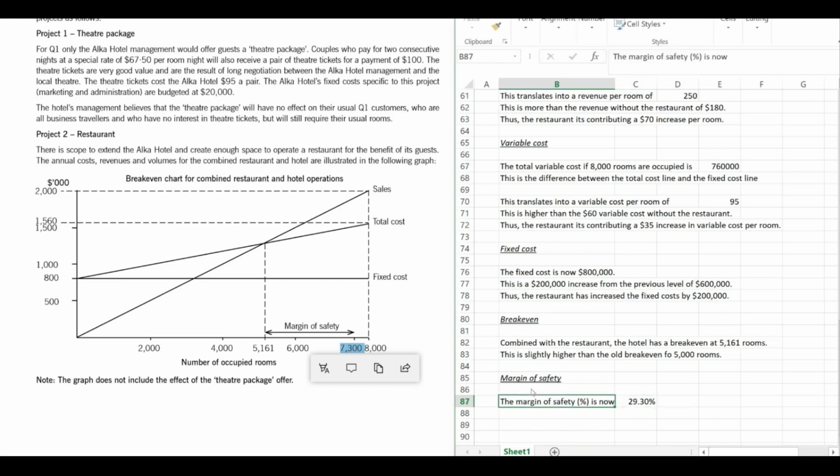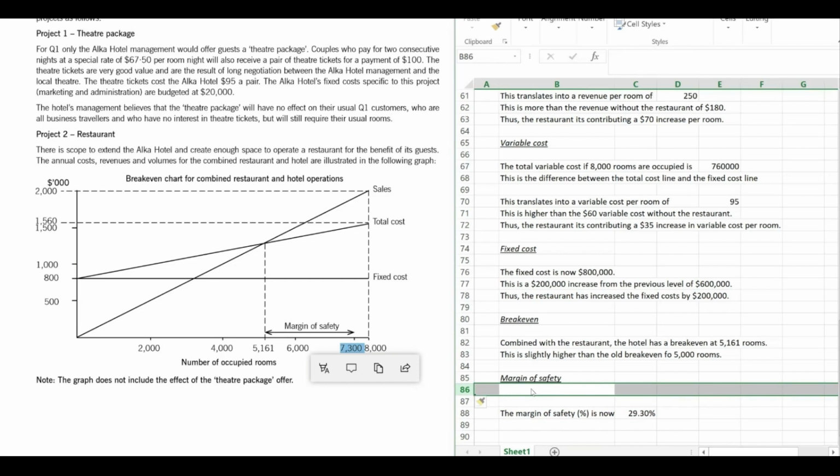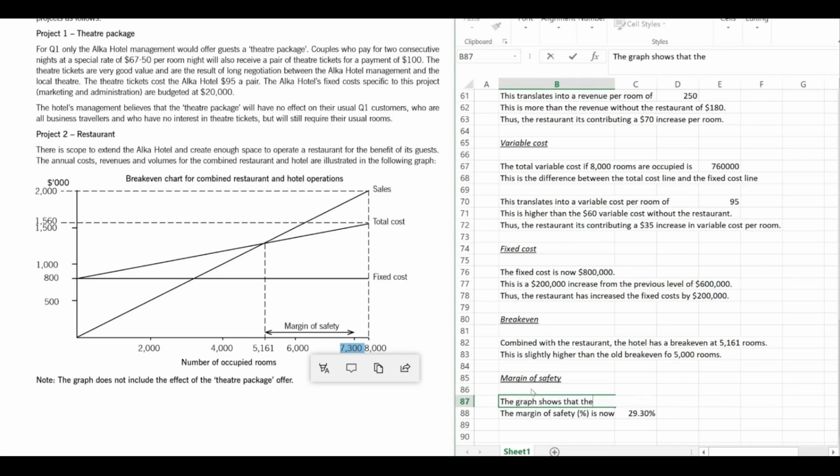Oh, and we also use the budgeted units of 7,300. Let's mention that because that's gleaned from the graph as well. The graph shows that the budgeted number of rooms, technically we can look at the occupancy, right?